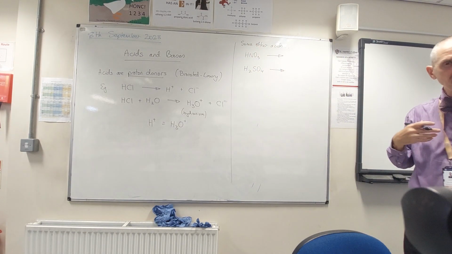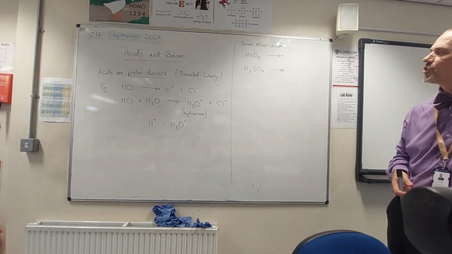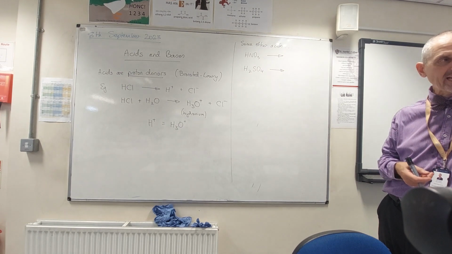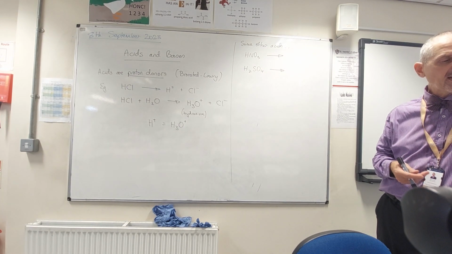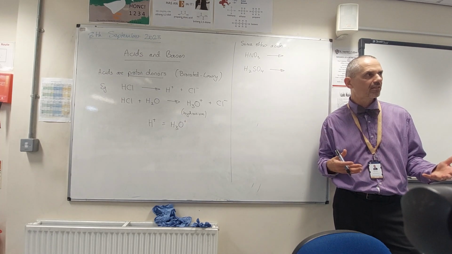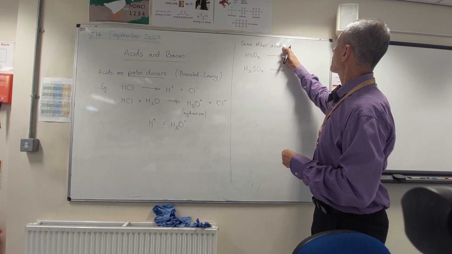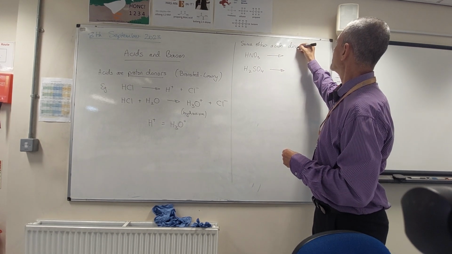Those are the other two common strong acids. Can you write the reaction equations for them? I've been using this expression break up into ions, but there's a better word for that. What was that? Dissociate. Okay, some other acids dissociating.